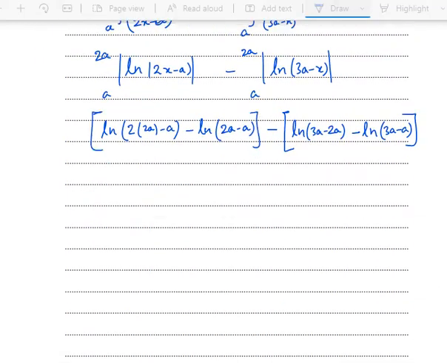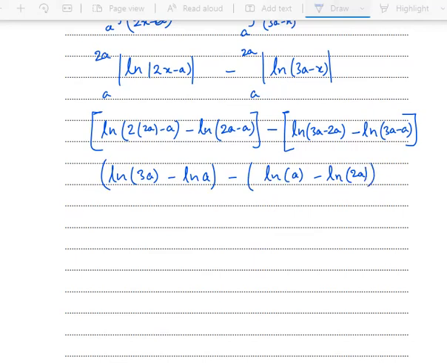Solving this, 2 into 2 is 4, right? 4a minus a is 3a, minus ln of 2a minus a is a, minus ln of 3a minus a, which is nothing but ln of a, minus ln of 3a minus a is 2a.